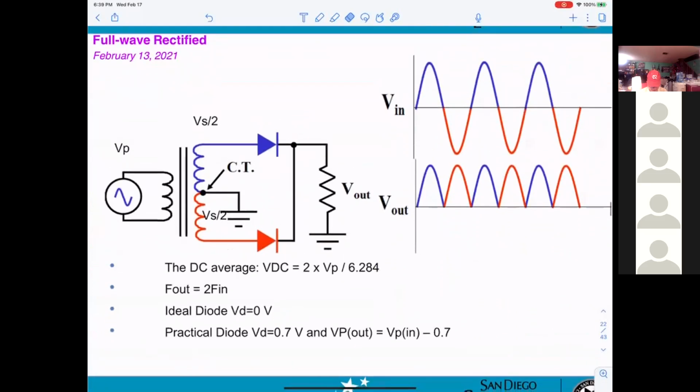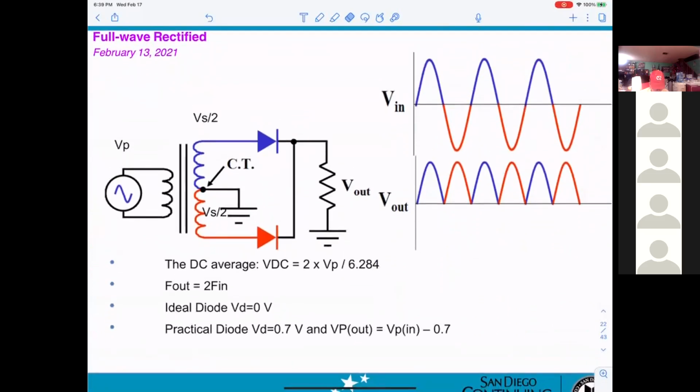Now, next one, full wave rectifier. Hopefully you can understand a little more. Full wave rectifier: if you're looking at the input and output here, they can rectify the positive input here, and also they can rectify the negative part here.